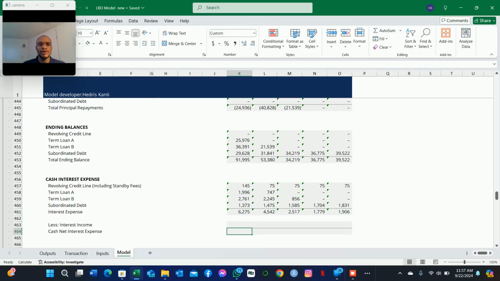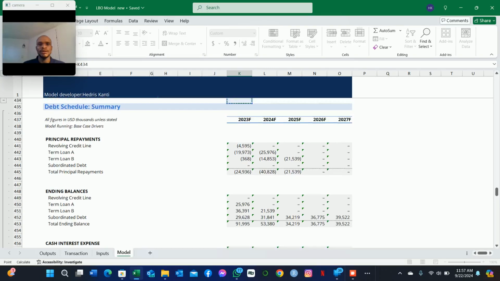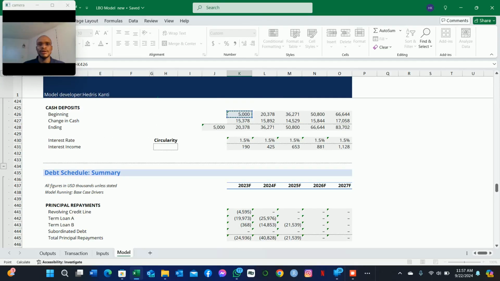In order to arrive at the cash net interest expense, we have to offset this interest expense by the interest income. Recall that we calculated the interest income based on the balances of the term deposits that this private equity had at the bank.